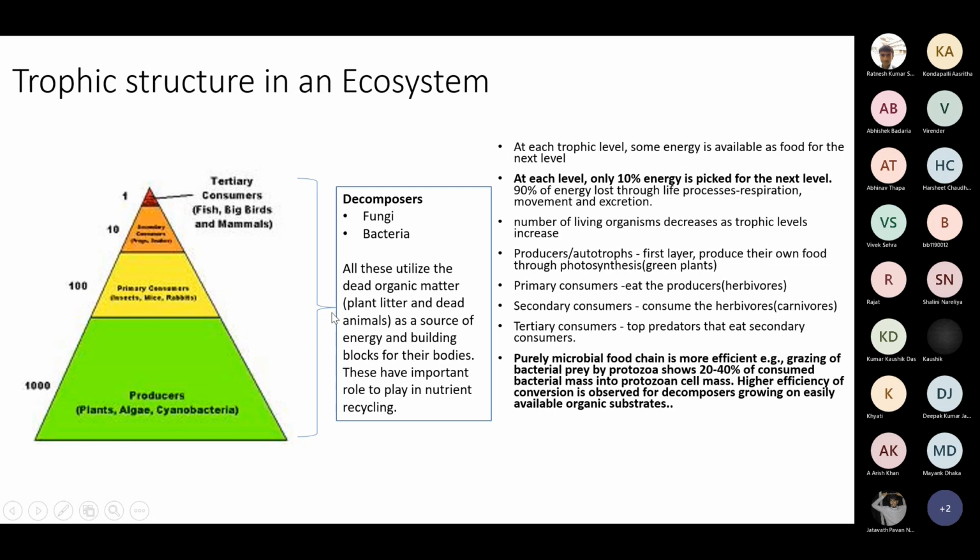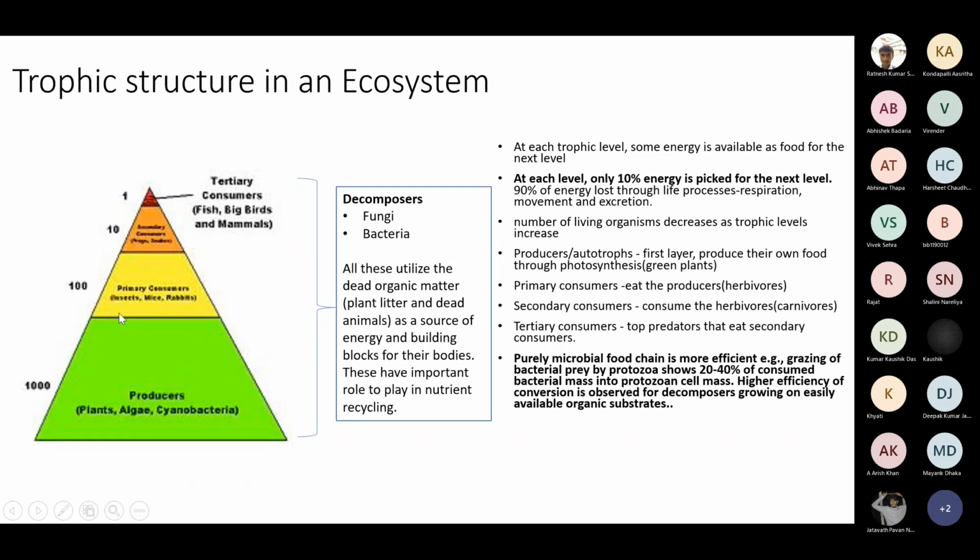So within this energy pyramid, if we are only trying to look at the microbes which are residing here, for instance, at this level, you could have photosynthetic bacteria, which are actually microbes. At the consumer level, you could have protozoa, which are again microbes. Then as much as 20 to 40% of the energy is taken forward.